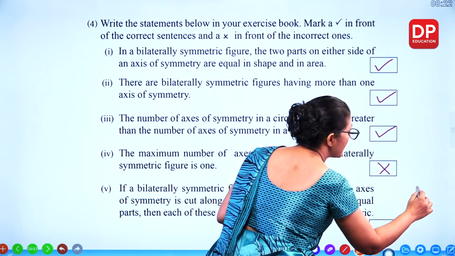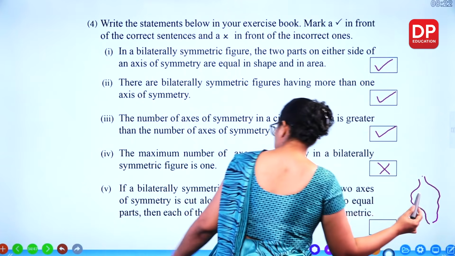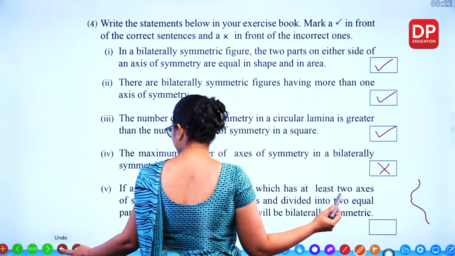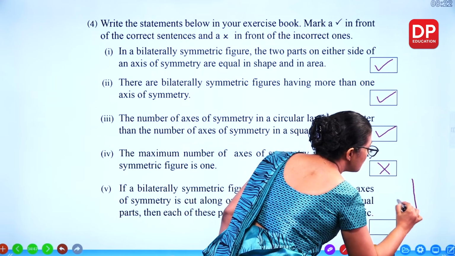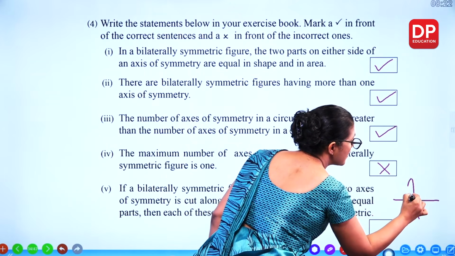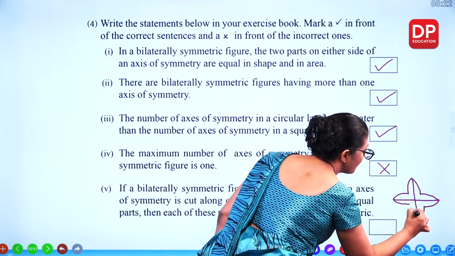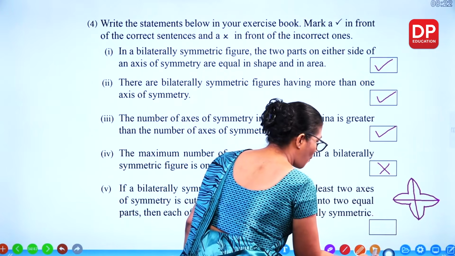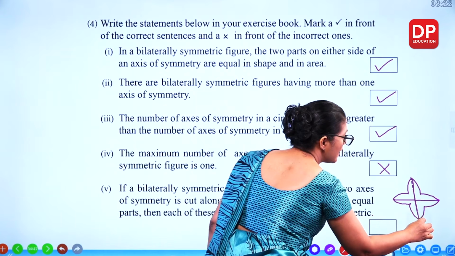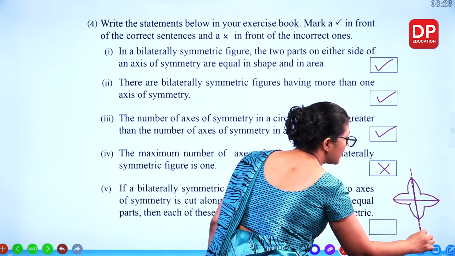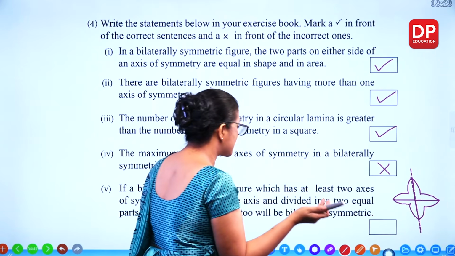So if you take something with 2 axes of symmetry, something like this. Now, if you take one side, one axis of symmetry this way, we can see this is also, you can divide into 2 equal parts. That's true.